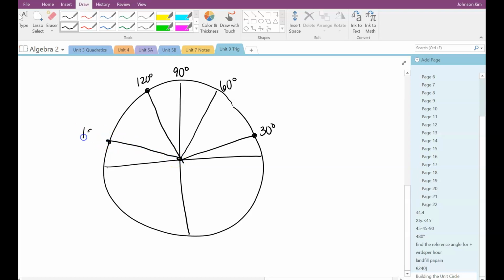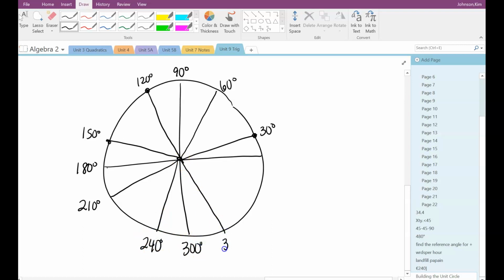Now I have this completely memorized by heart. Eventually, hopefully you'll get to the point where these numbers kind of stick out to you and you know how to draw them in, but you can always go back to just starting and building the whole thing from scratch, right? Whoops, this is supposed to be 270. There we go. This is 270, this is 300, and then this is 330.